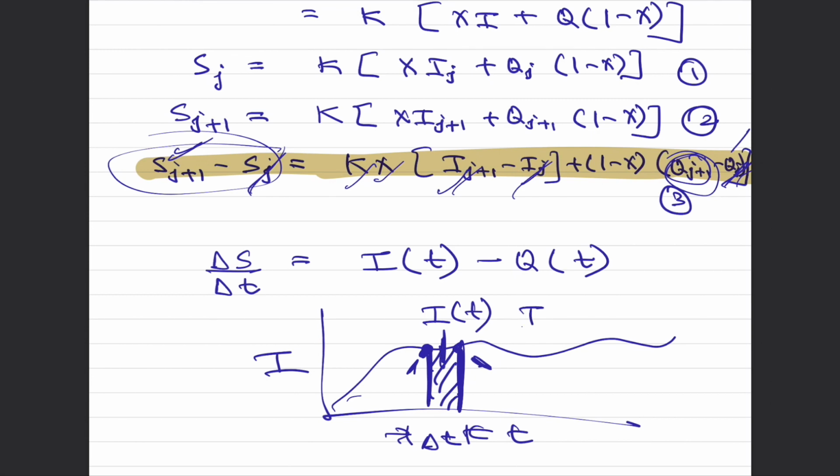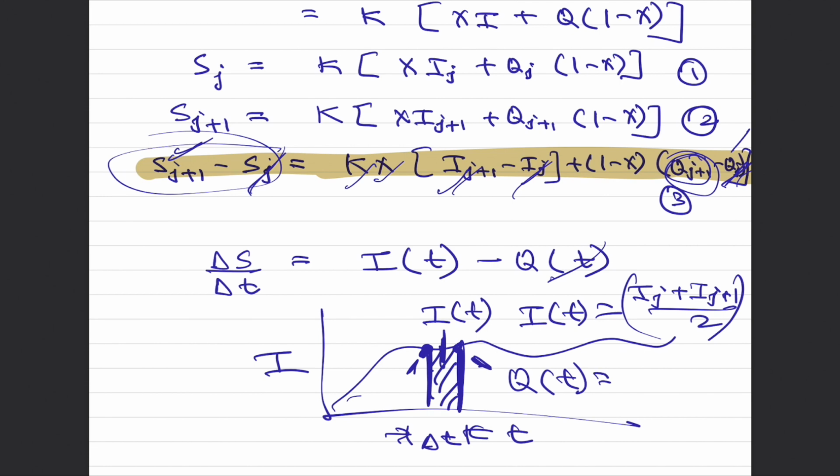So we can say that the best approximation of It that we can make under discrete setting, because remember this variation of I with respect to T is continuous, if we assume smooth variation, is It equal to Ij plus Ij plus 1 divided by 2, and so would be the case with Qt. That is the best estimate of Qt we can have from this variation of Q with respect to T, as Qj plus Qj plus 1 divided by 2.